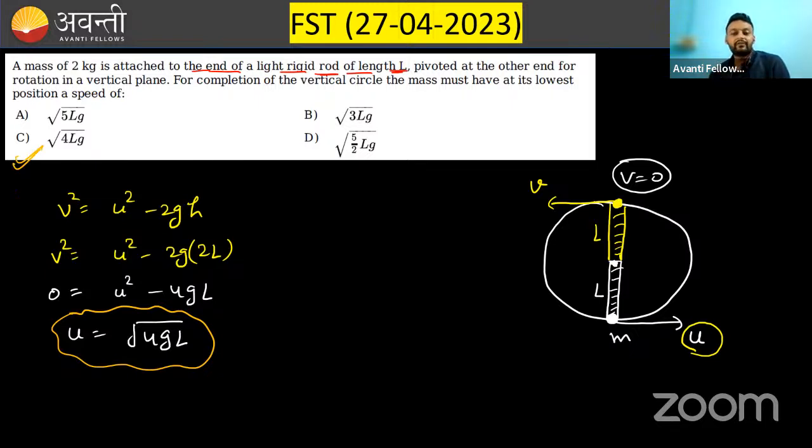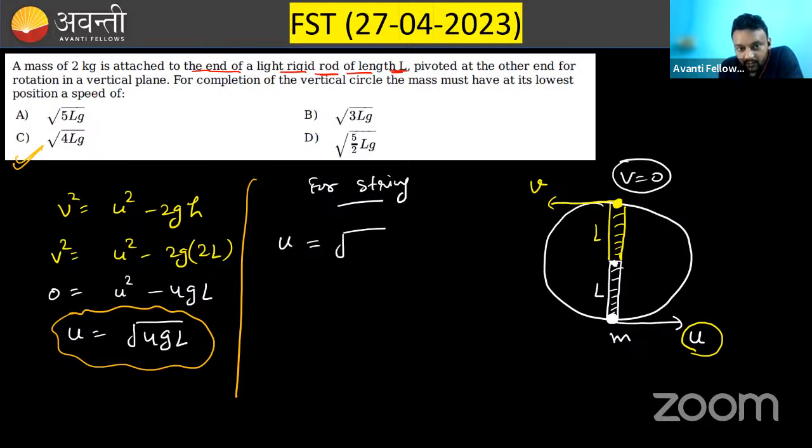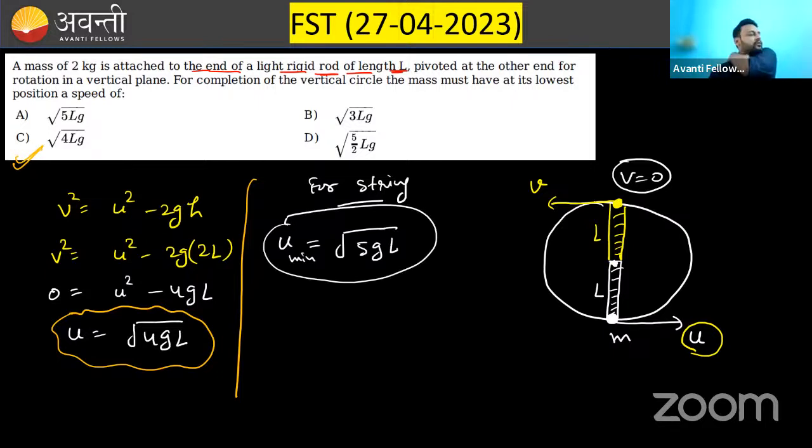Now again listen, if this was not a rod, there was a string. If a string was there, mark my words again, in place of rod, this minimum velocity should be root of 5gl, where L is the length of the string.